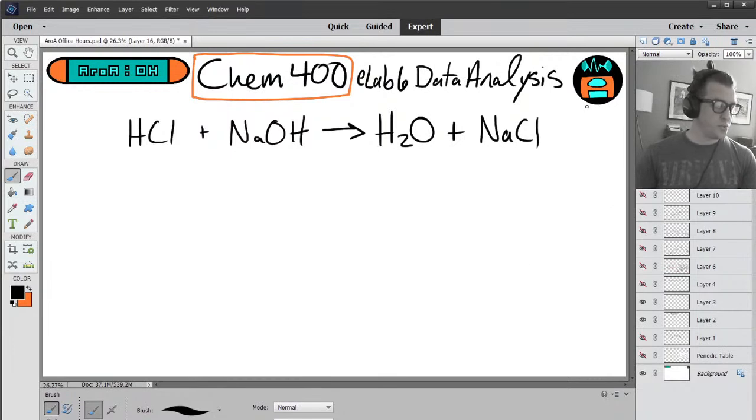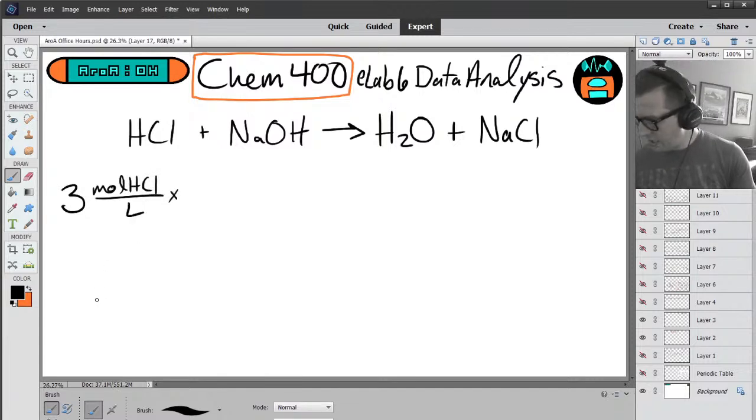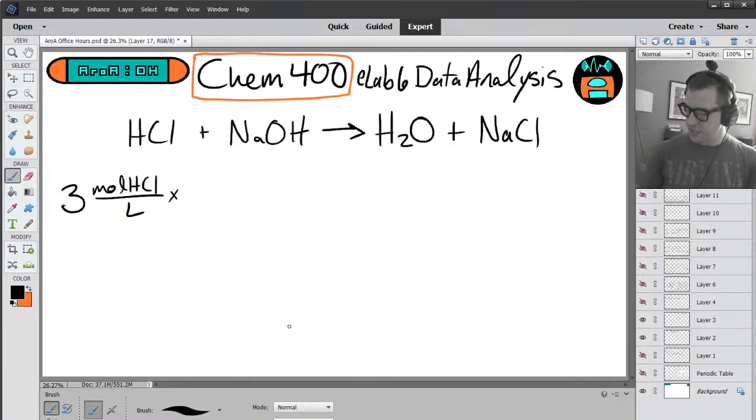So we need to do a limiting reactant calculation. Now we're told that we start with 3 molar HCl, which is moles of HCl per liter. And the volume of HCl that we're given was 49.96 milliliters. So we've got to convert that to liters first.